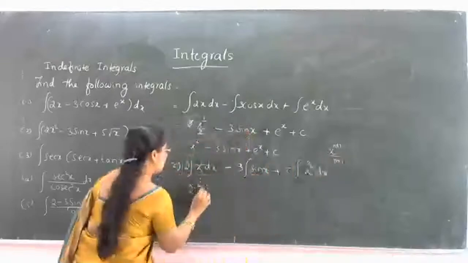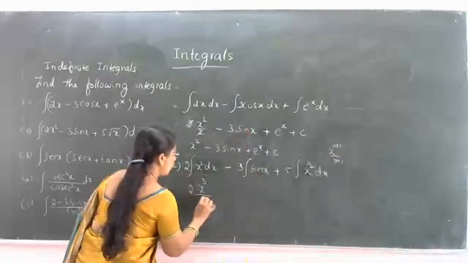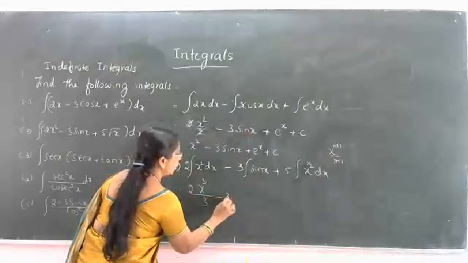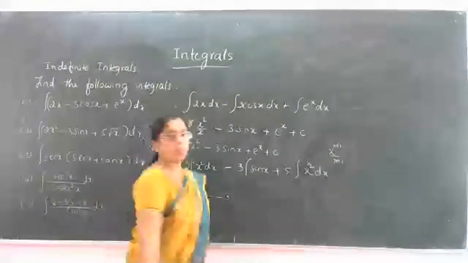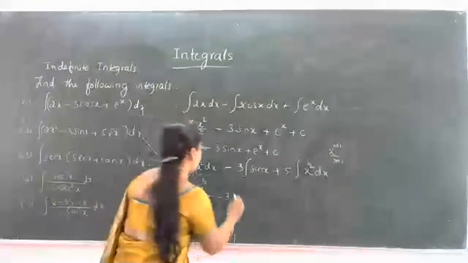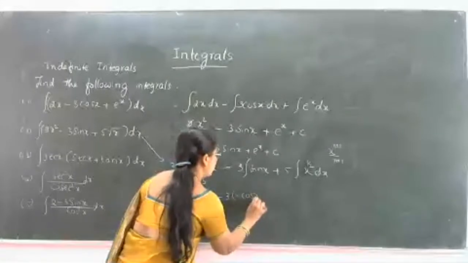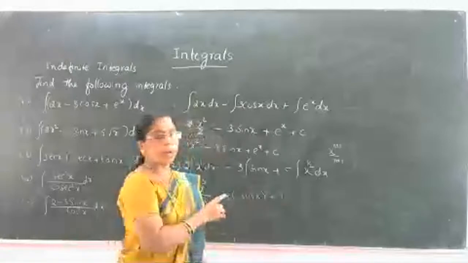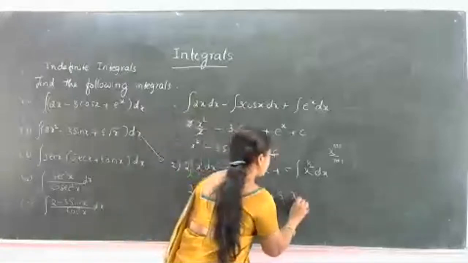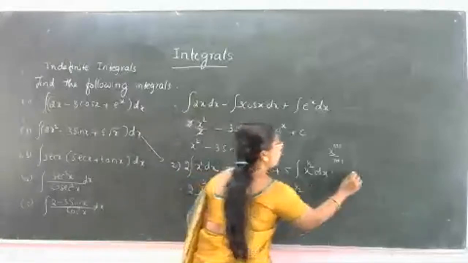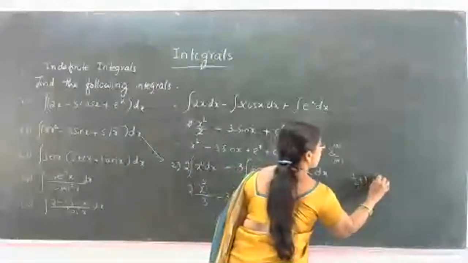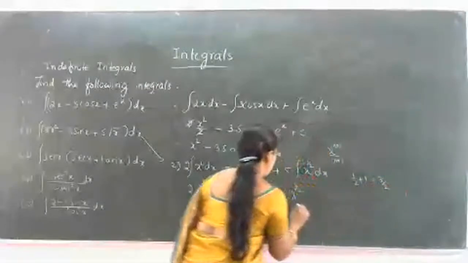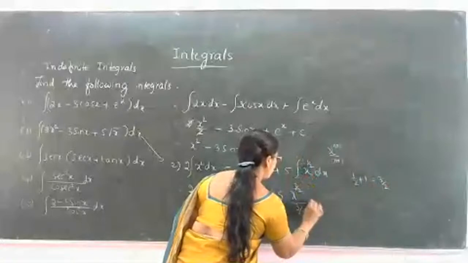Here, 2 plus 1 is 3, so x to the power 3 divided by 3, minus 3 into the integration of sin x, which is minus cos x, plus 5 into x to the power 1 by 2 plus 1, that is x to the power 3 by 2, 1 by 2 plus 1 is equal to 3 by 2, divided by 3 by 2, plus c.